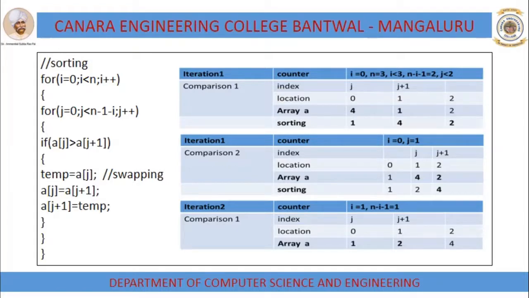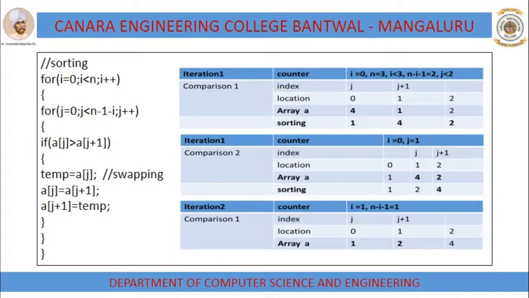a of j, a of 1, is greater than a of j plus 1, 1 plus 1, 2, a of 2. So in the second iteration you can see here, a of 1, the value is 4. a of j plus 1, that is a of 2, the value is 2. 4 and 2 are compared. 4 is greater than 2.